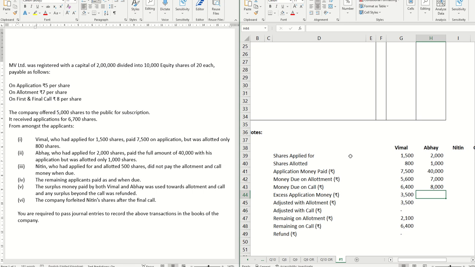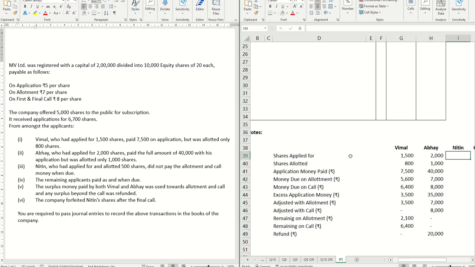Excess application money he has paid is 35,000, because let's do the math: 40,000 he has paid, but he's allotted only 1,000 shares for which the application money is 5,000. So 35,000 is excess application money. Out of this, we can adjust the entire allotment money. We can adjust the entire call money as well. Money remaining on allotment is nothing. Money remaining on call is nothing. So out of 35,000, we are left with 20,000 that will be refunded to him.